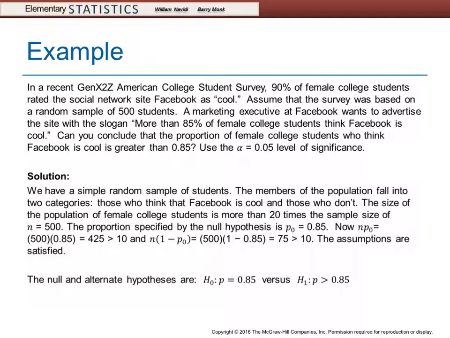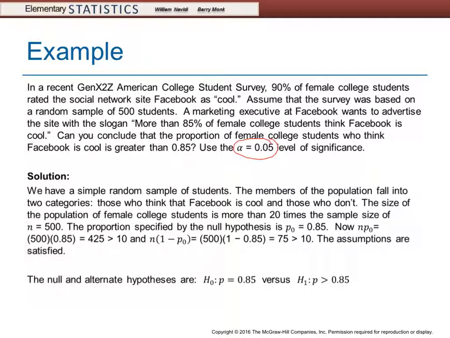So again, the proportion is 0.85 that we're looking at, and the significance level is 0.05.